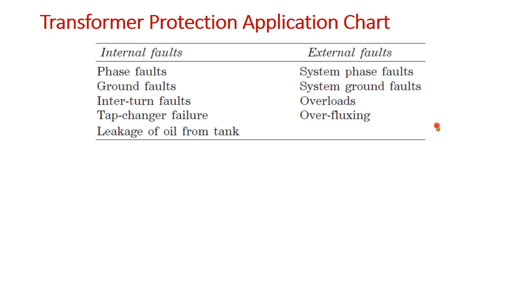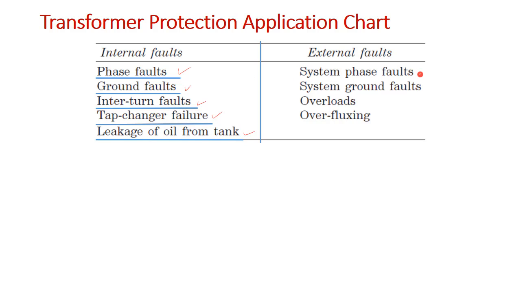Under the internal fault category, we have phase faults, ground faults, then your interturn faults, right? Then tap changer failure, then leakage of oil from tanks. So these things can be protected using different protection schemes.